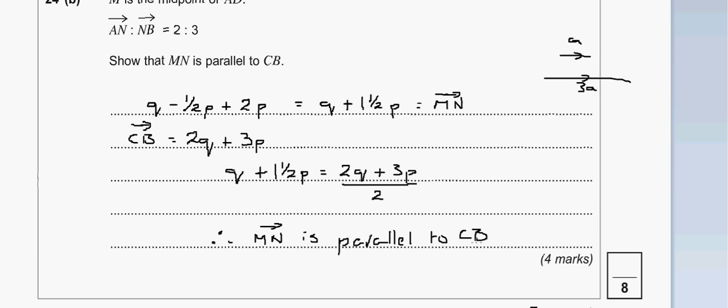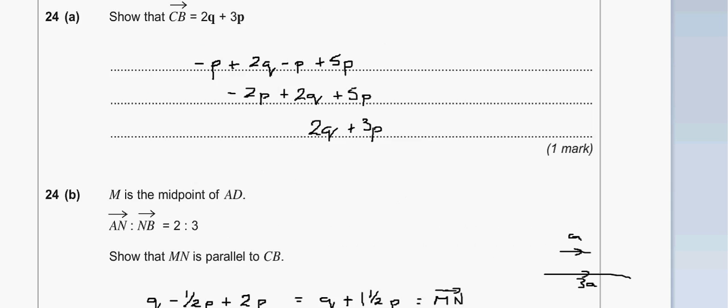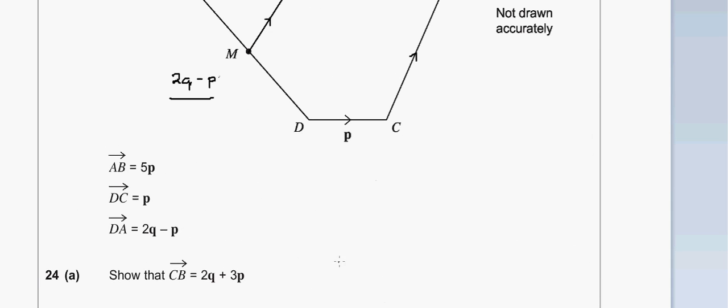Okay, a bit fiddly, but if you understand that parallel lines of the same length have the same vector quantity, then parallel lines will have the same vector but in multiples, as we did up here. Okay, so we'll look at the next question.